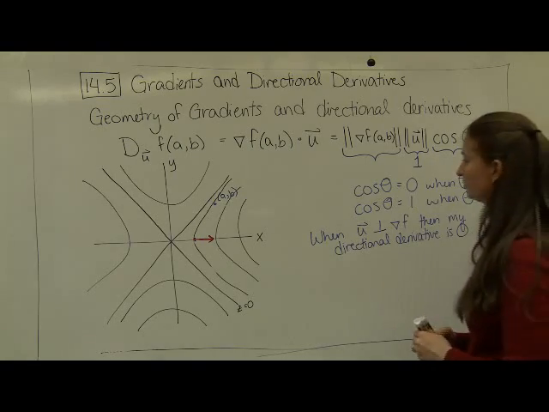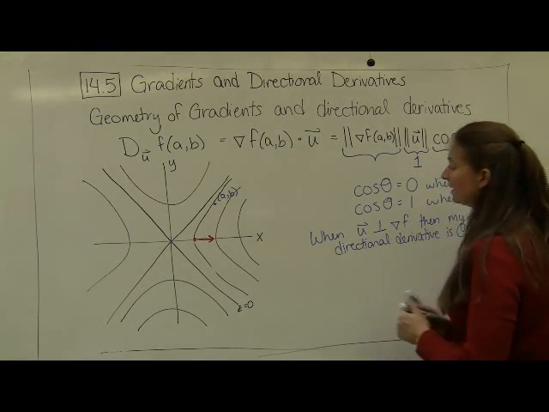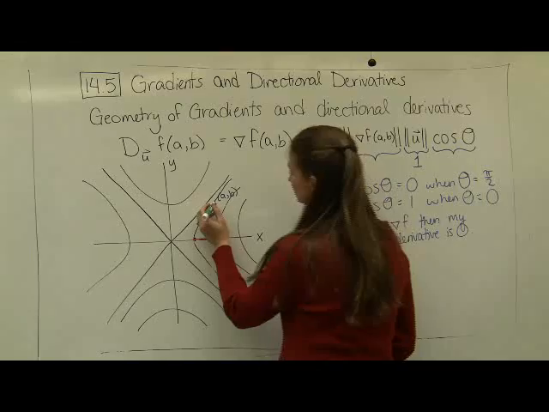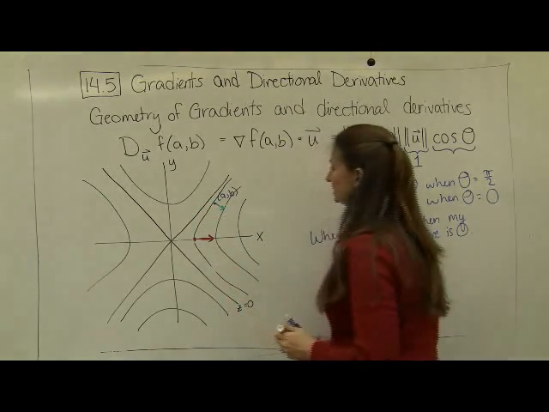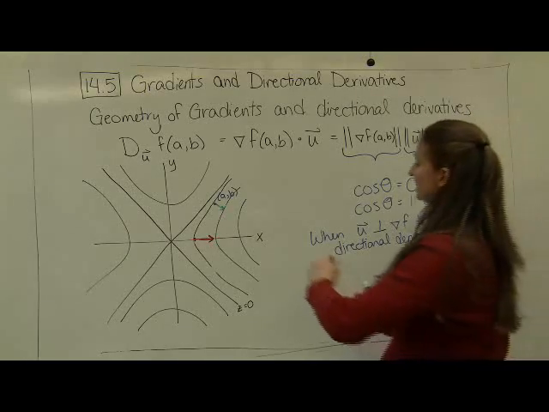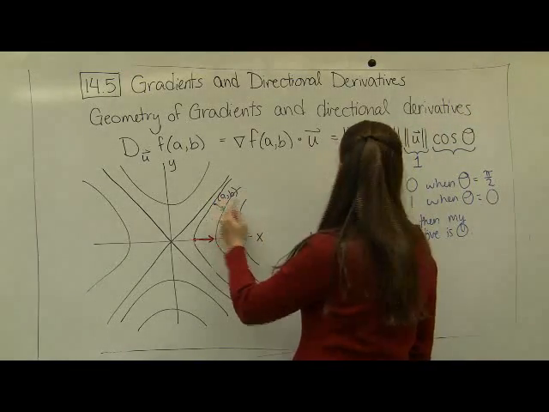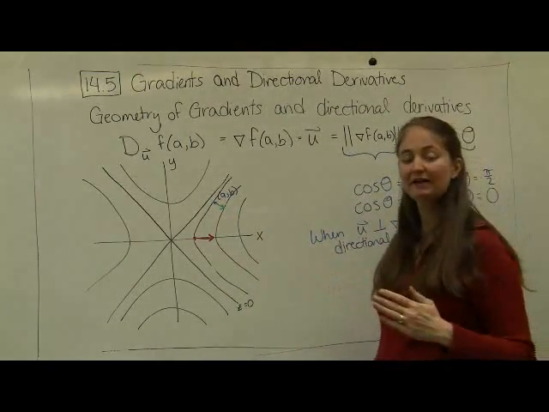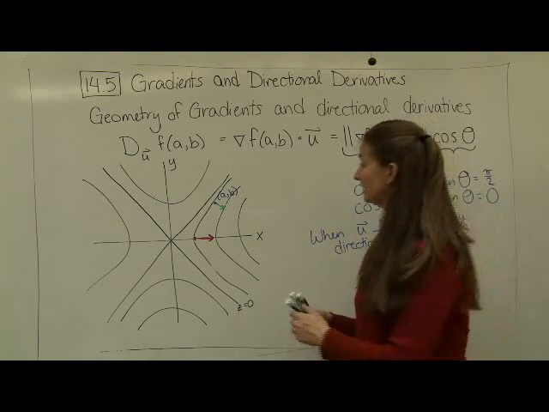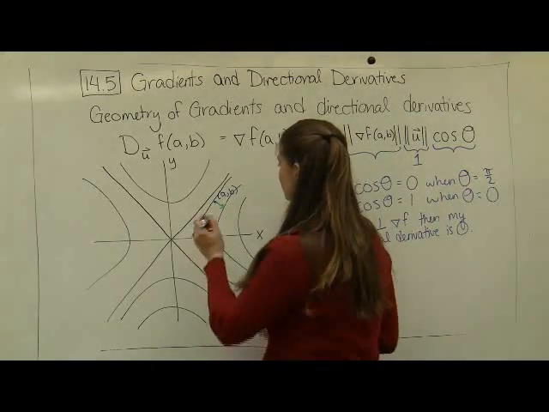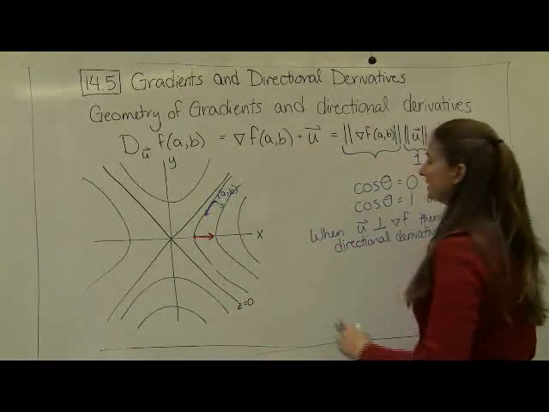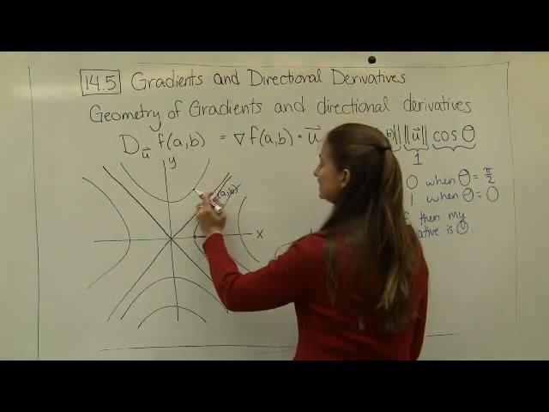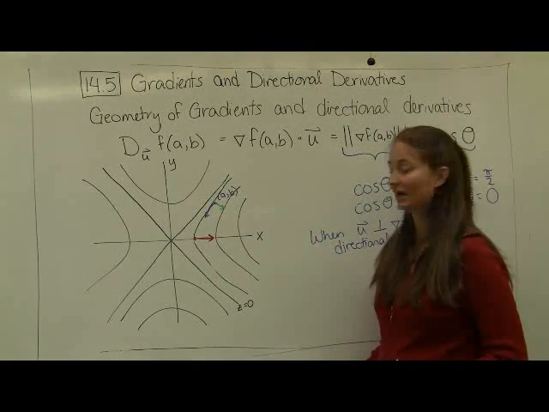Let's take a look at what that means here on this graph. If I represent my gradient, we just found out that if I decide to step perpendicular to my gradient, then I'm not going to have any change in elevation. So that's saying that as I walk along a contour plot, my gradient is going to be exactly perpendicular to that.